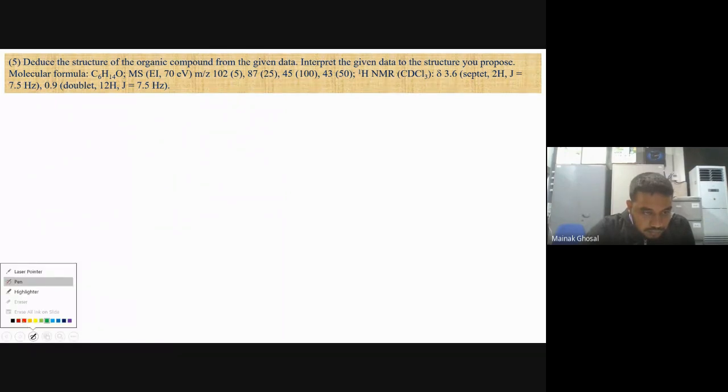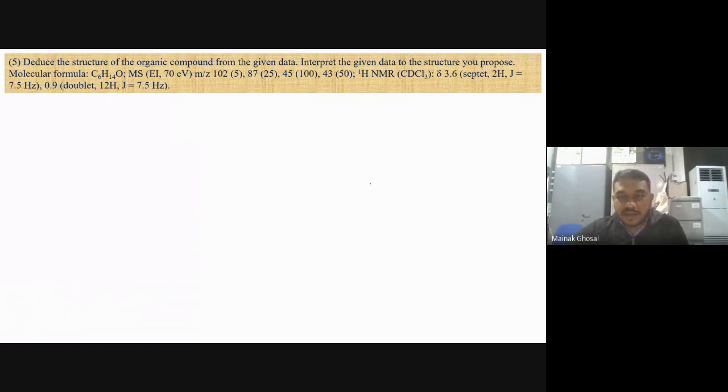Now coming to this question, you have to deduce the structure of the organic compound from the given data. You need to interpret the given data to the structure that you propose. The same thing: you will be given the molecular formula, C6H14O.